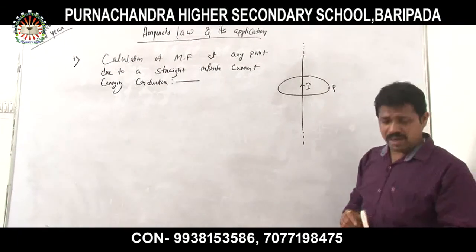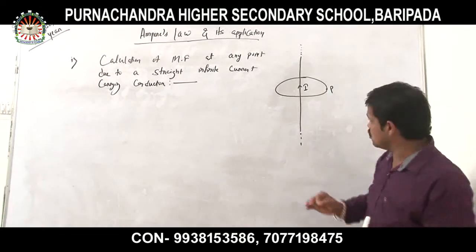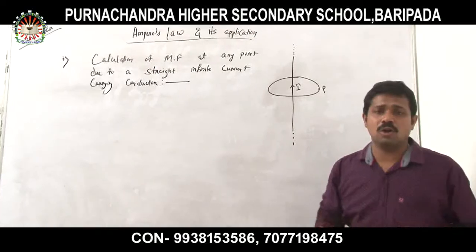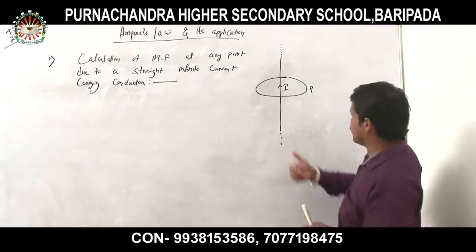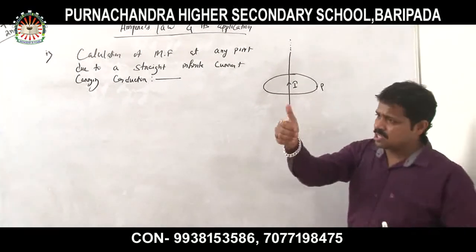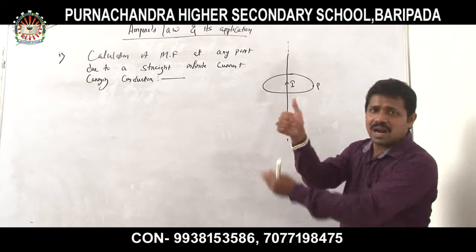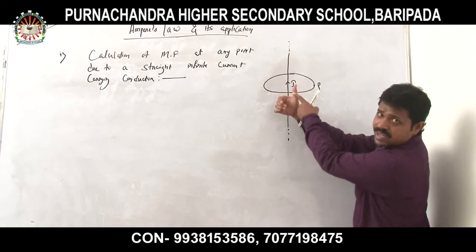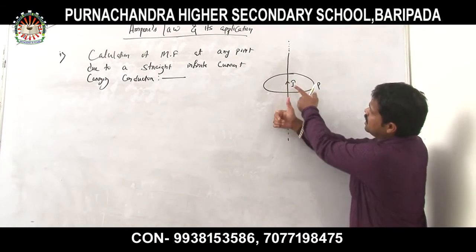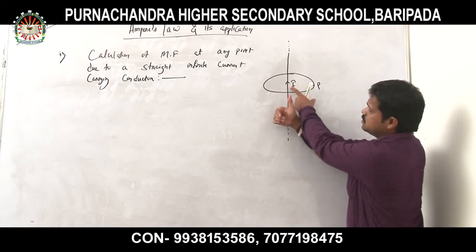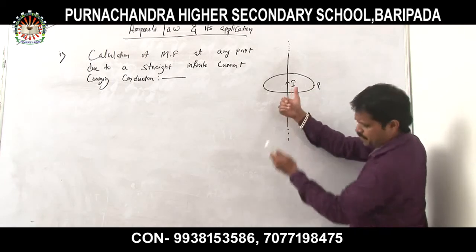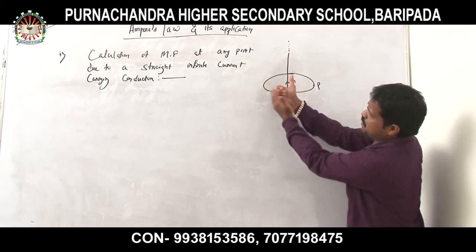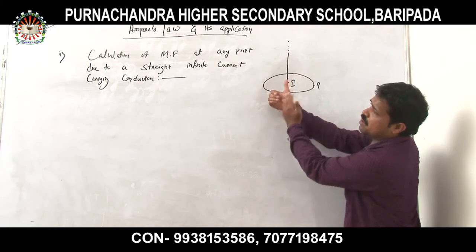From the Biot-Savart law, we have to find out the direction of the magnetic field. We can find the direction with the right hand thumb rule. Very simple. Look at this thumb very carefully. This thumb gives the direction of electric current, and the curling fingers give the direction of the magnetic field.